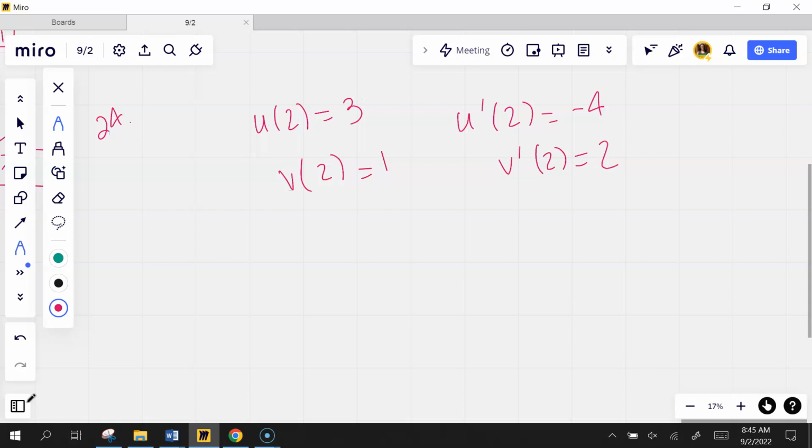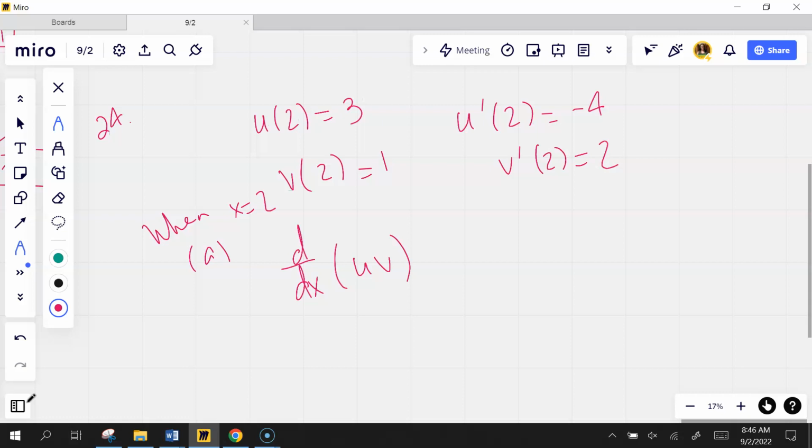First thing we want to do is, what is the derivative, and we're doing all these at 2, of u times v. This is just the product rule.